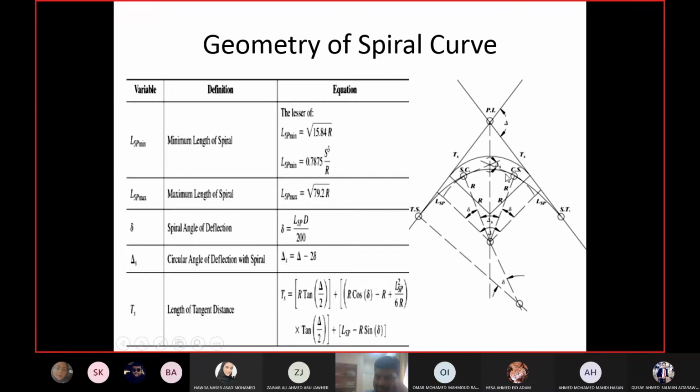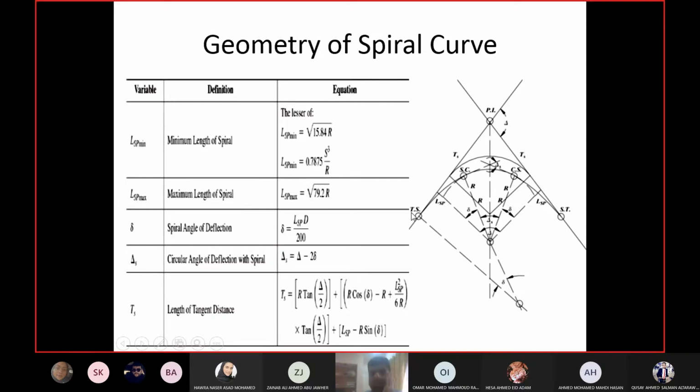Between SC and CS we have the length of the circular curve. Then ST is spiral to tangent, the end of the second spiral. So CS is the beginning and ST is the end, and between them I again have LSP, the length of the spiral curve.